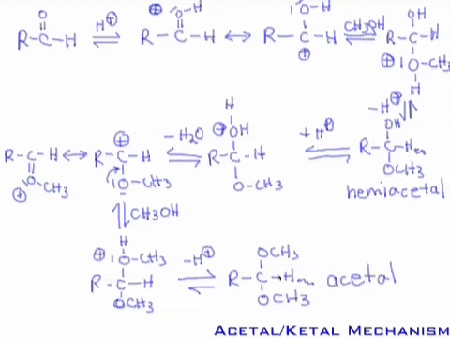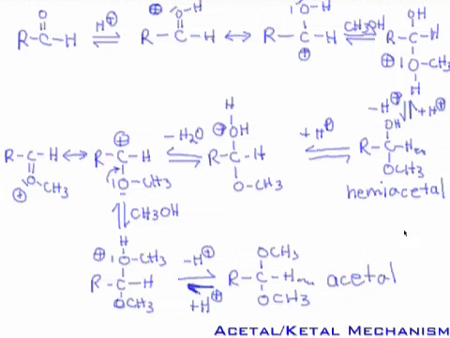Also, you'll notice to go backwards from the acetal, the first step is plus H plus, to go back this way. To go back from the acetal, you'd have to add H plus. And because of this, if we want to reduce the amount of H plus available, we can have the acetal or hemiacetal dissolved in base.